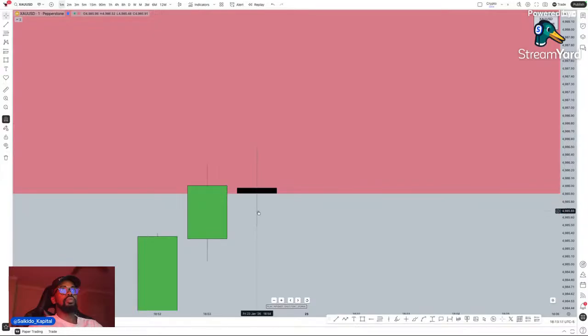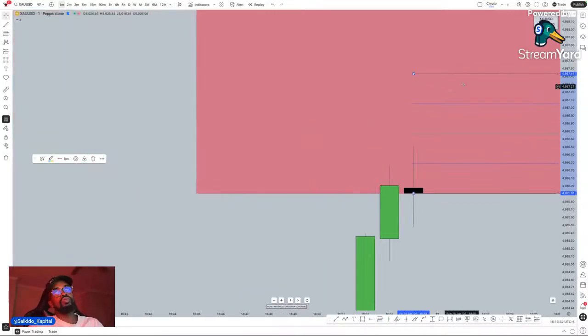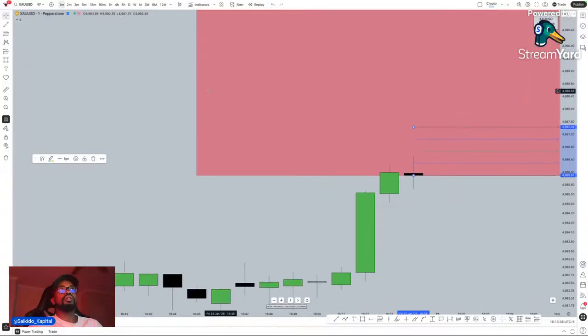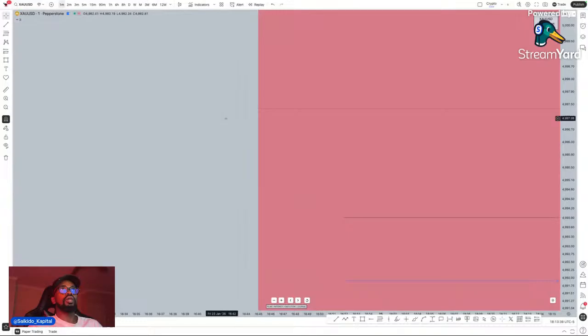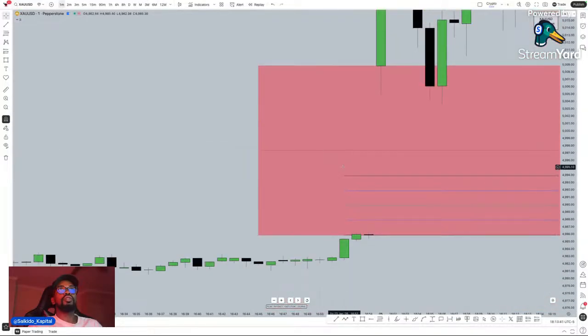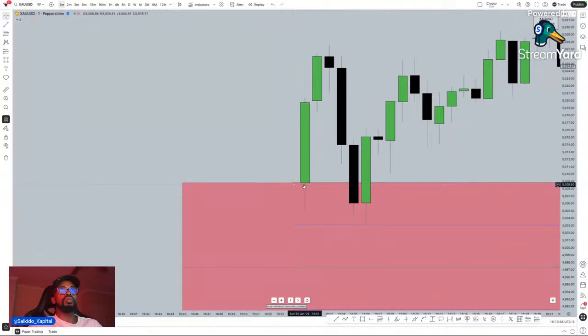It opens here, makes the low, makes the high, comes back and closes down here. So I'm going to put the fib here at the closing price on Friday, and then we're going to put the fib again on Sunday's opening price. So this is the opening price of the up close candle.